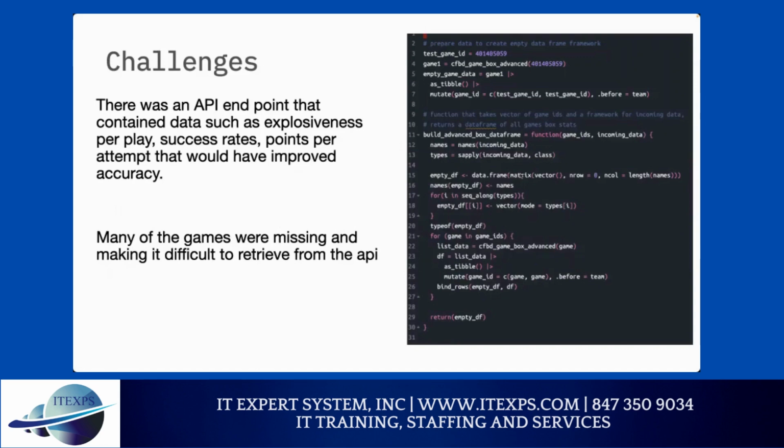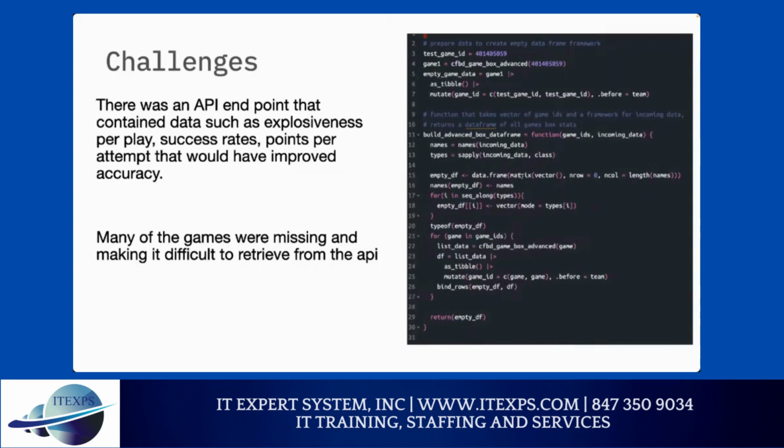The main challenge was getting the data. And over here on the right, I have the code I was going to use and was real proud of, that would have gotten, using a for loop, data from all the games. The large data set of all the games had a game ID, and I used that game ID to fetch more advanced statistics from each game that I thought I was going to use in my model.